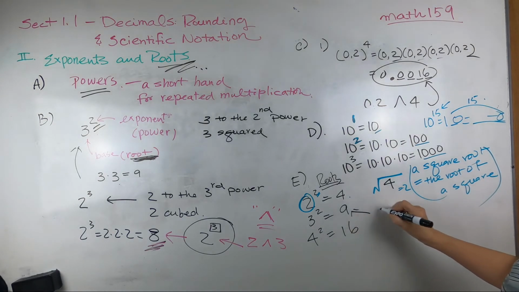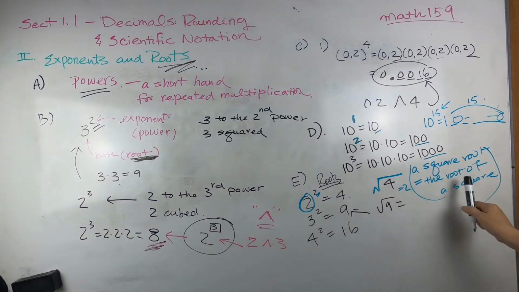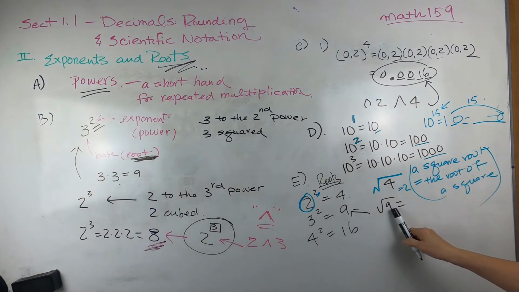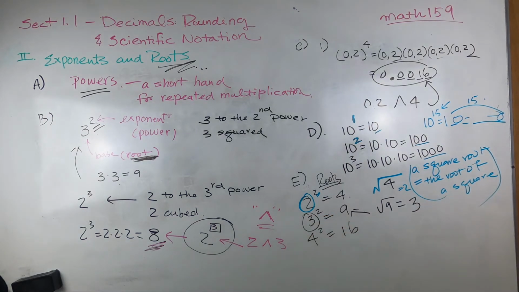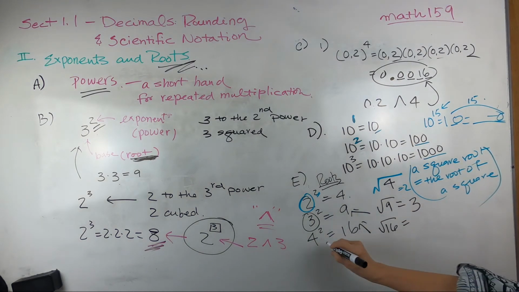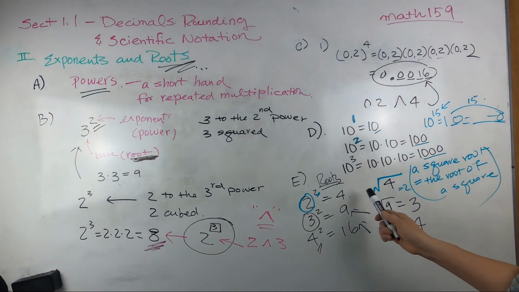So if you have square root of 9, who is the root? Square root is root of square. Who takes the square to become 9? So the root is what? The 3. So what is the square root of 16? That will be the root. That would be what? 4. Okay, that's the perfect square.